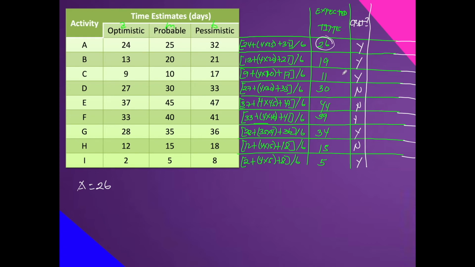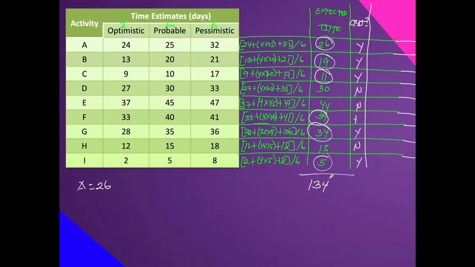Tapos, ano pa yung critical? Ito. 19, 11, 39, 34, 15. Ang total ng critical, let's have 26. Kuha yung calculator. Nagko-compute ako ngayon. 19, 11, 39, 34, and 5. That is 134. Chinek ko, guys, kung equal.